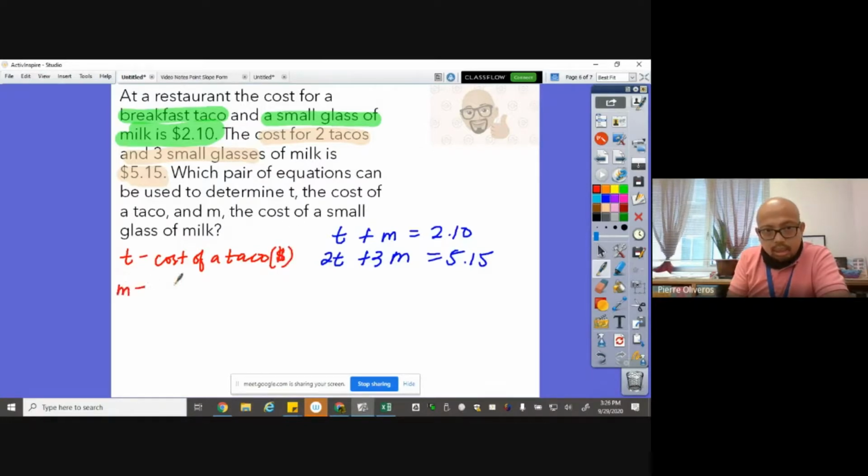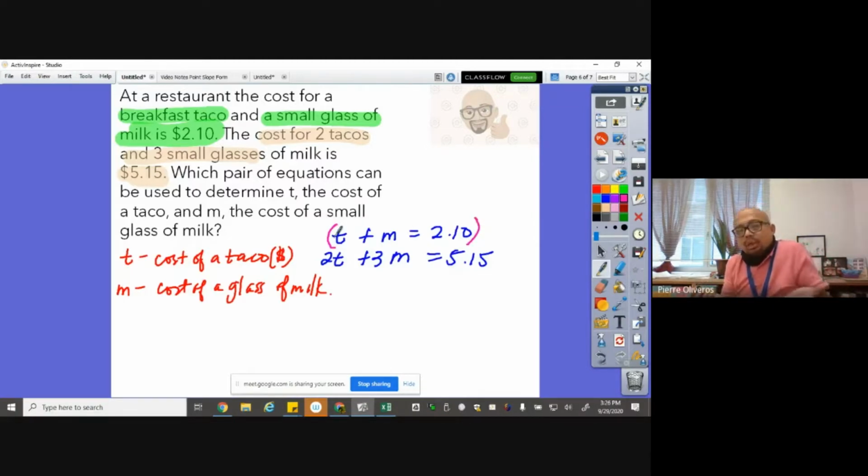And M there is the cost of a glass of milk. Okay. So now we have here our system of equations, and we're gonna try to solve it using elimination.